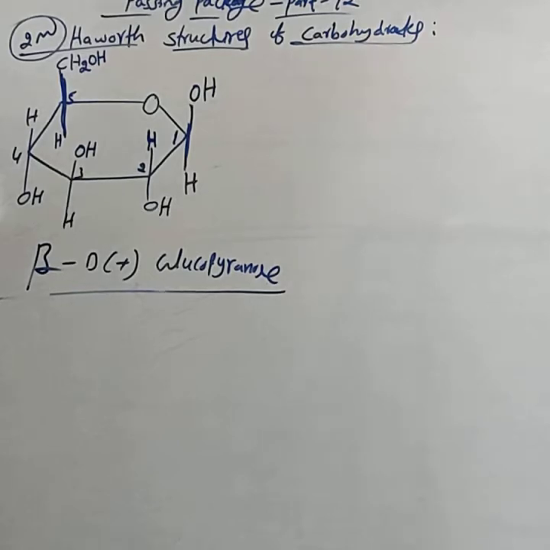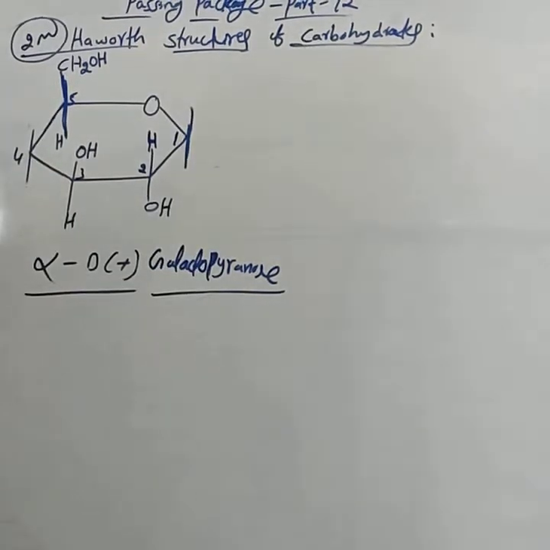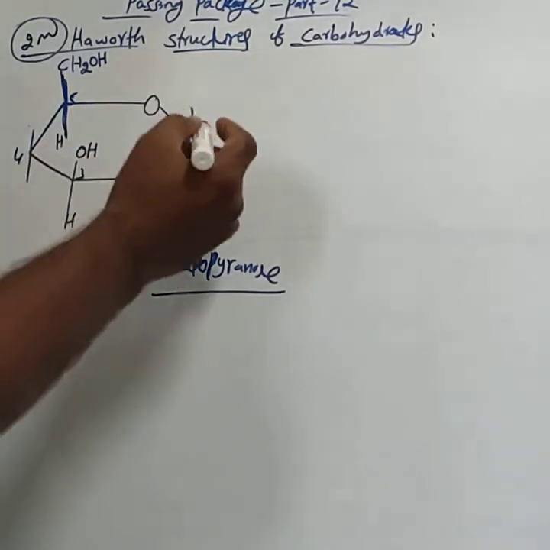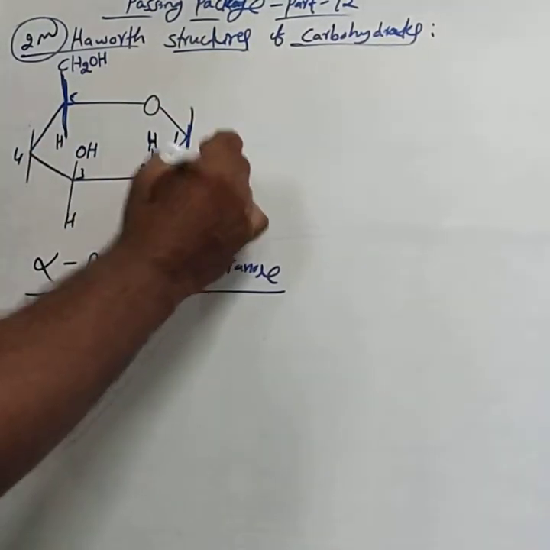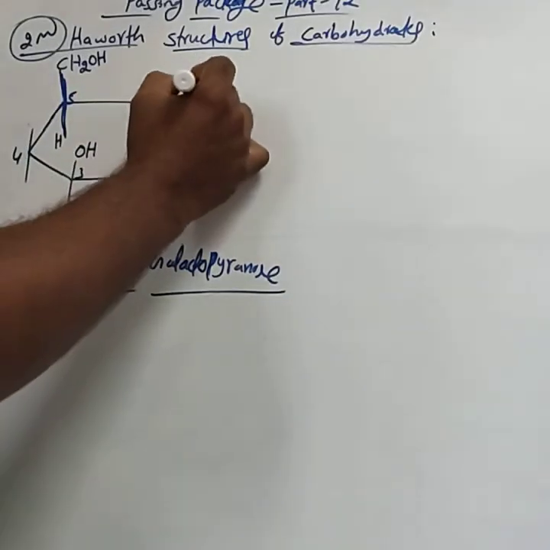Next, consider galactose. If you know the glucose, automatically you can write the galactose structure. Consider galactopyranose. For the alpha glucose, OH below, H above.